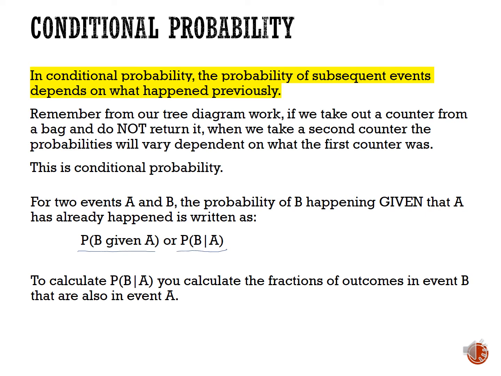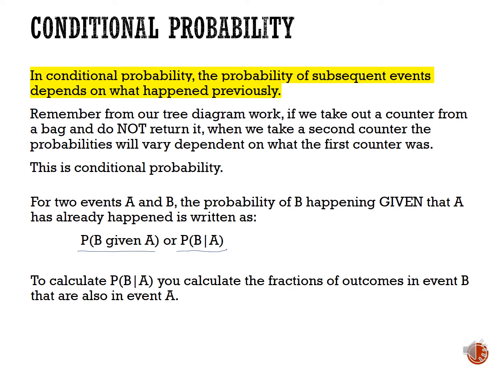What we're going to see in the examples that we're going to go through together is that to calculate the probability of B given A, you focus on the thing that's given. So you focus on the given A, and you make sure that for that event A, that's the only region on either the two-way table or the tree diagram that you focus on, because it's given that that has happened.